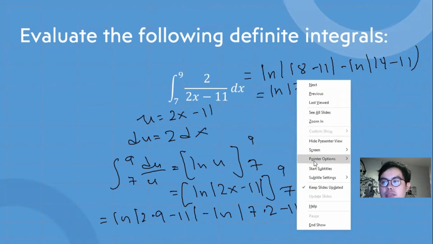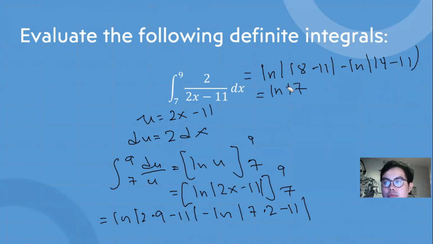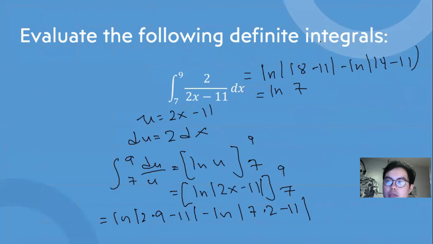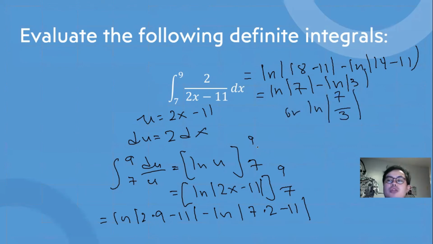Okay, so it will become 7. Minus ln, then 14 minus 11 will be 3, or ln, then 7 over 3. So, ito na po yung sagot na natin for this definite integral.